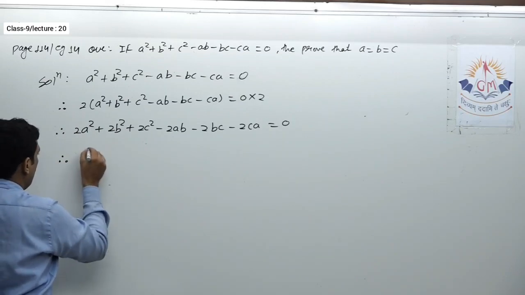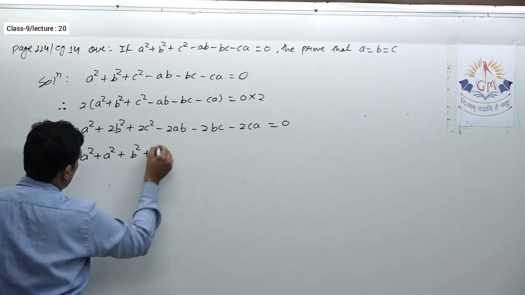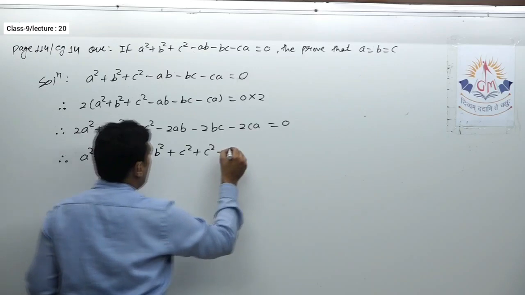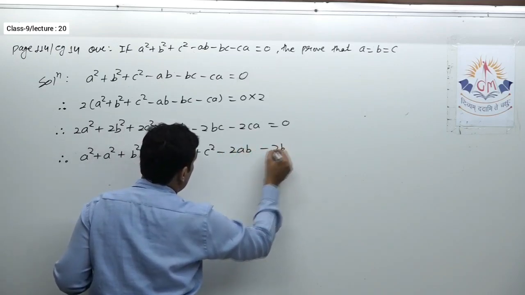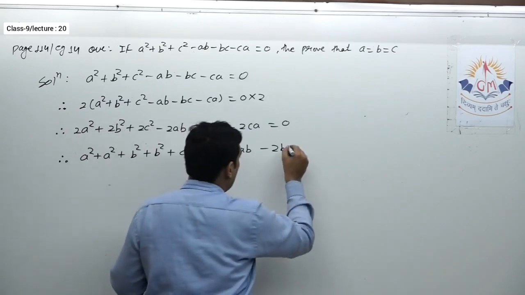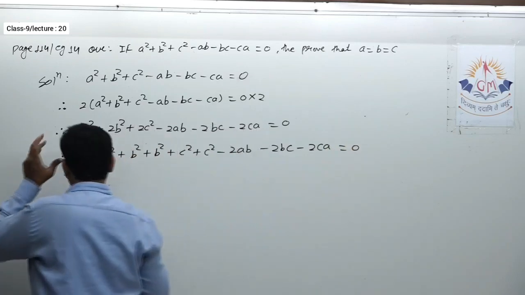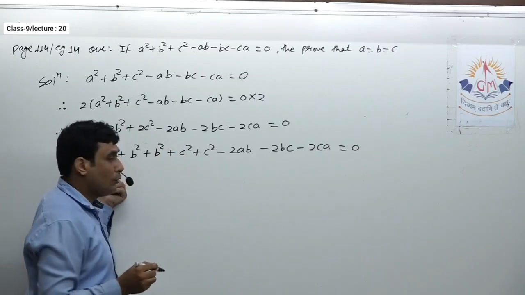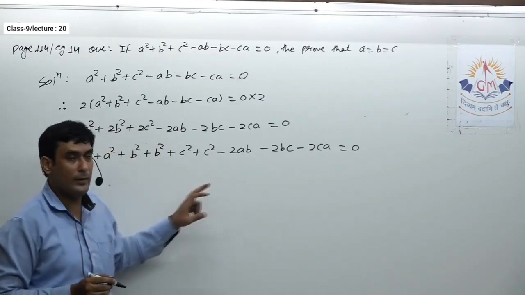So here I can write a square plus a square, as I did in that question. In a similar way, I am trying to make the identities so that I can write them as a minus b whole square, b minus c whole square and c minus a whole square is equal to 0. So first I multiplied by 2, and I got this. Now I wrote 2a square as a square plus a square and 2b square as b square plus b square and so on.